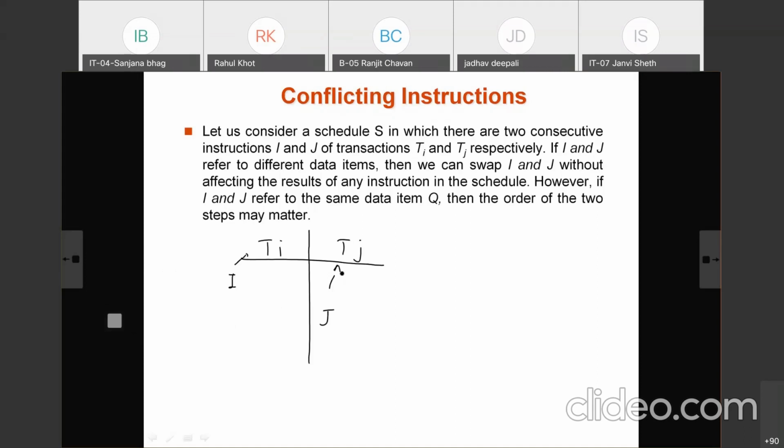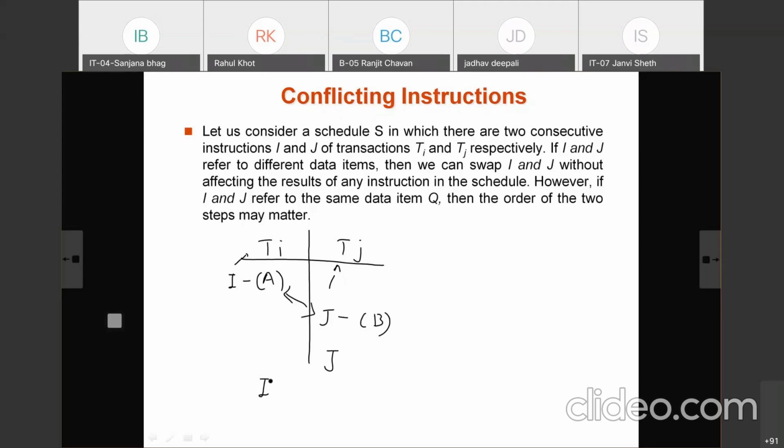If I and J refer to different data items, meaning I operates on data item A and J operates on data item B, then we can swap I and J easily. That means we execute J first and then we can execute I.